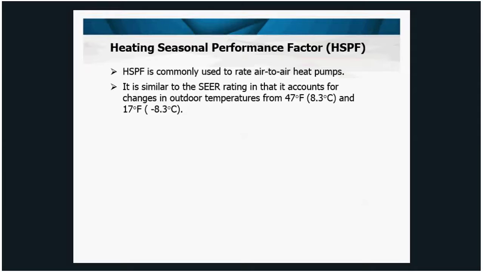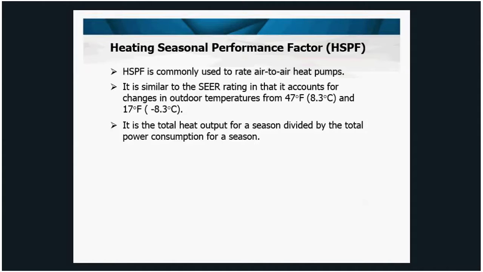It's very similar to the SEER rating, and it averages the performance at 47 degrees Fahrenheit and at 17 degrees Fahrenheit. They use those two ratings, and that determines what your HSPF number is. Basically, it's designed to be the total heat output for an entire season divided by the total power consumption of that equipment for the same season.